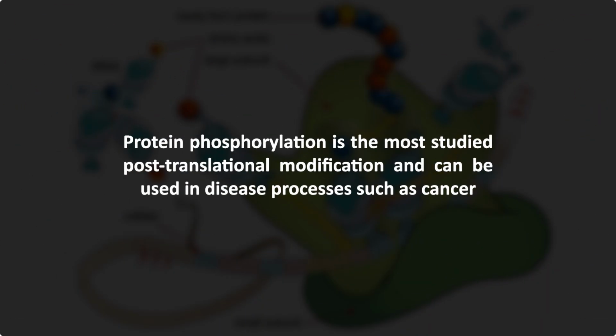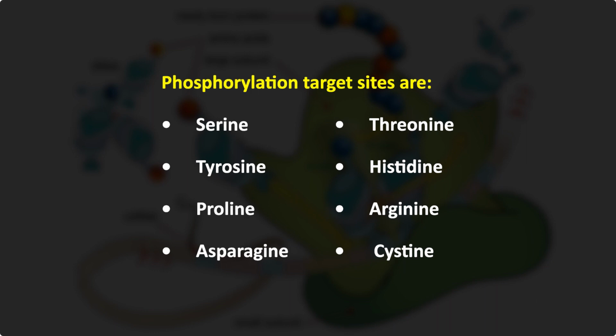Protein phosphorylation is the most studied post-translational modification and can be used in disease processes such as cancer. Phosphorylation plays a key role in the activities of many enzymes, membrane channels, and many other proteins in prokaryotic and eukaryotic organisms. Phosphorylation target sites are serine, threonine, tyrosine, histidine, proline, arginine, asparagine, and cysteine residues.